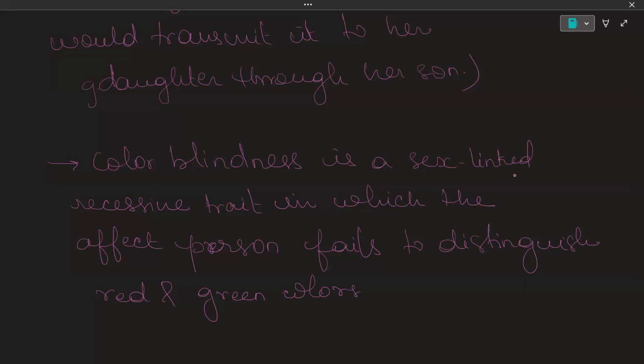Now let us see how the trait is inherited. Whoever is colorblind cannot tell the difference between red and green. It does not mean that they cannot do their normal work, but they have problems, for example with traffic lights.